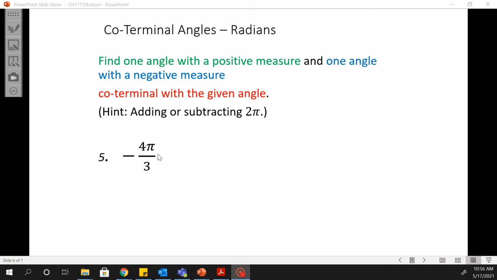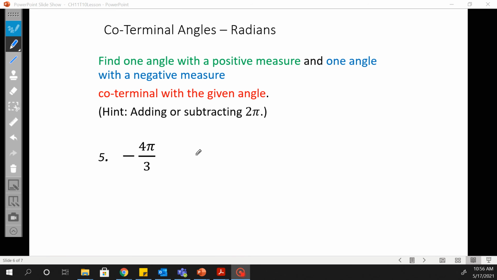Alright, now I have negative 4 pi over 3, and I want a positive and I want a negative that are coterminal. So I will add a full circle. So negative 4 pi over 3 plus 6 pi over 3, because that's 2 pi, but I need a common denominator.